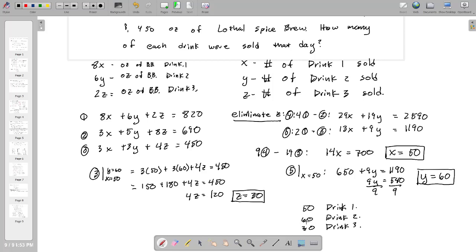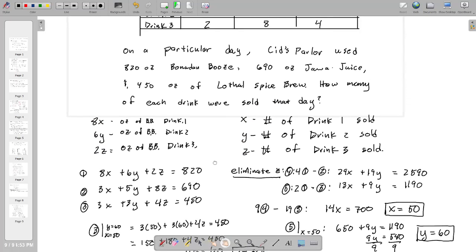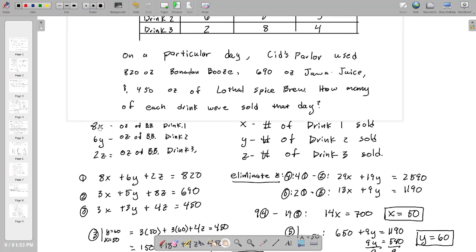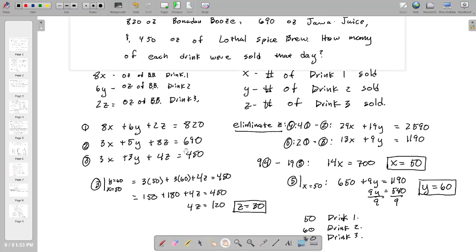Now, just like last section, we set up the problem using the variables from the last question. We write out what we know based on the operation that we use. 8 times x is the number of ounces in drink 1 and such like that. And then we write the equations for each.